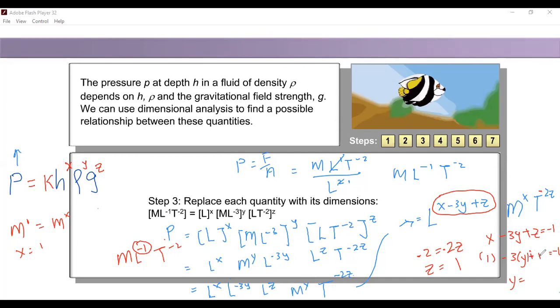Y we don't know. Z also is 1. Is equal to -1. Okay. -1, -2, -3. So that means that we'll get -1. This one put the other side, -1, -1, -3. -3 over -3. So it will be equal to 1 as well.